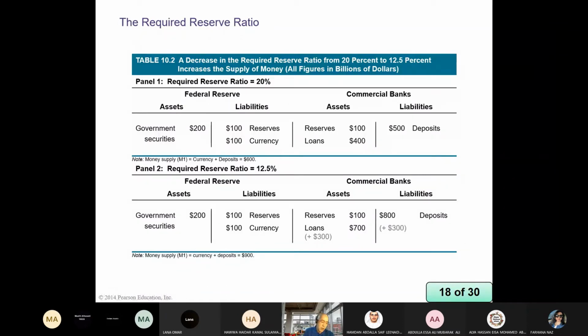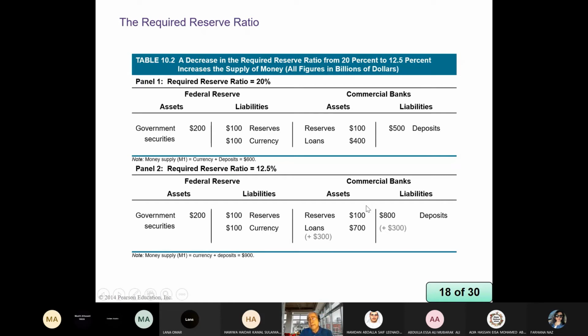So how I calculated 700, you can easily say 800 minus 100 equals 700, or 800 times (1 minus 0.125), so 1 minus 0.125 equals 0.875, times 800 equals 700, if you follow me.